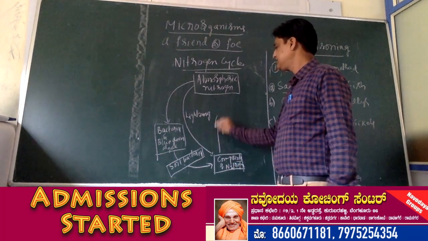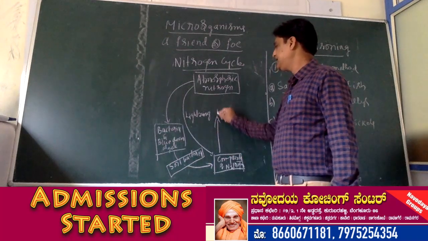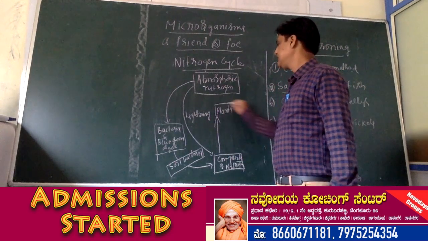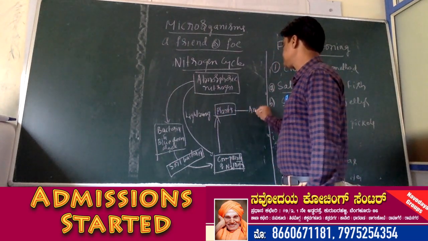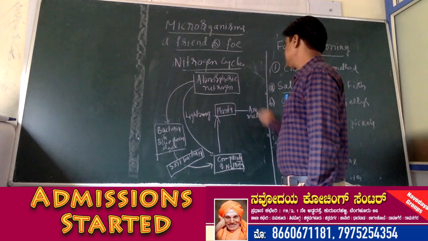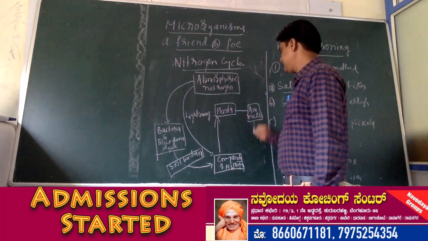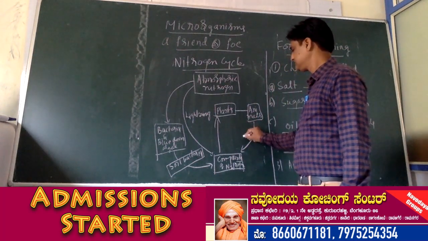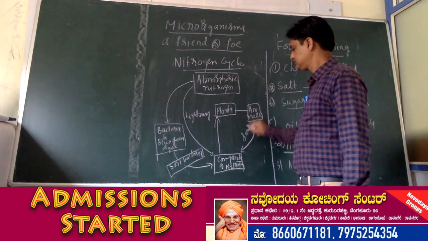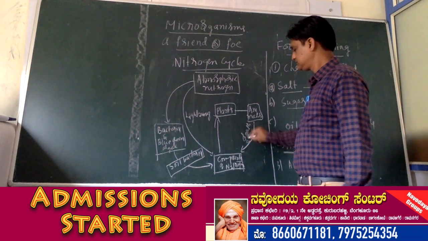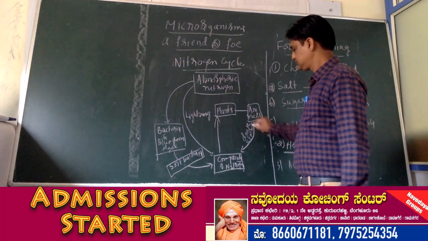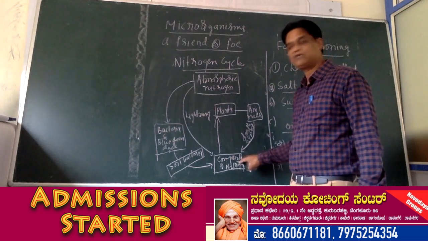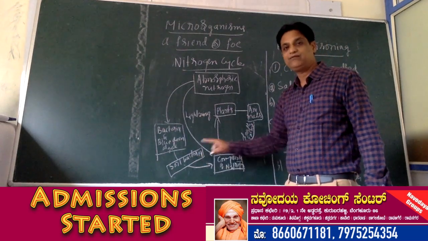So this nitrogen which is present in the soil will be used by plants for protein synthesis, and from plants animals get the required nitrogen, and when animals die and their excreta will be converted into compounds of nitrogen by the action of soil bacteria.